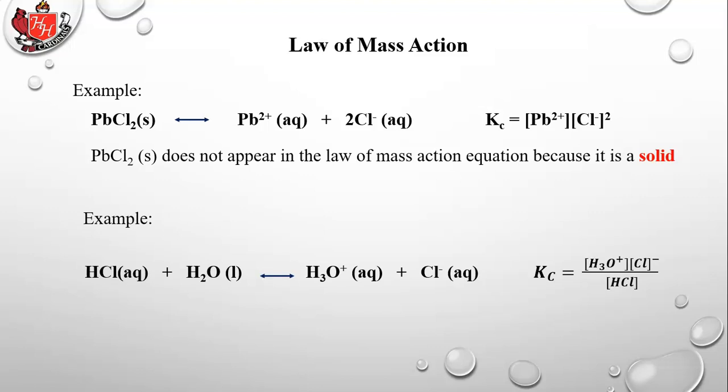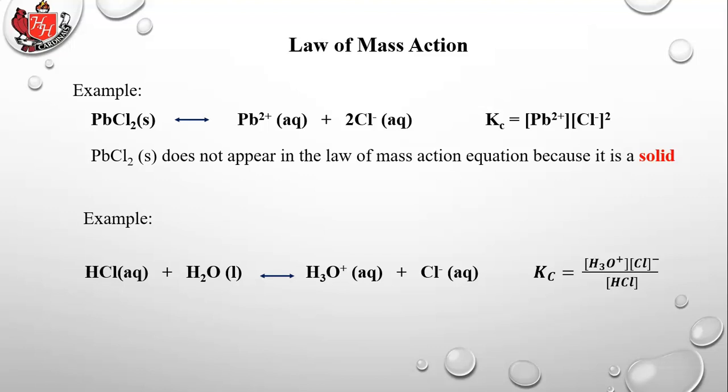Here's another example. You have hydrochloric acid, you're putting it into water, which is a pure liquid. You produce what are called hydronium ions. We're going to learn about that when we get to acids and bases, and chloride ions, okay? So if you look at the law of mass action over there on the right, you have the products, which is hydronium, H3O+, and chloride, Cl-, and they're in concentration form.